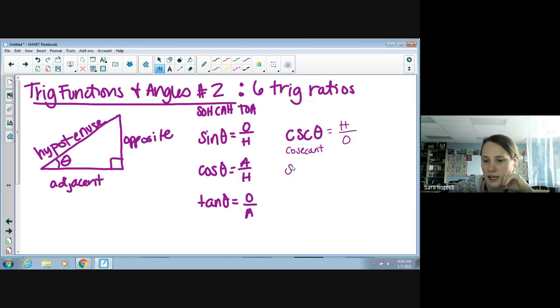The next one is secant, which is just spelled secant. And it's the reciprocal of cosine. So the hypotenuse is on the top, adjacent's on the bottom. And the last one is cotangent, which is the reciprocal of tangent.